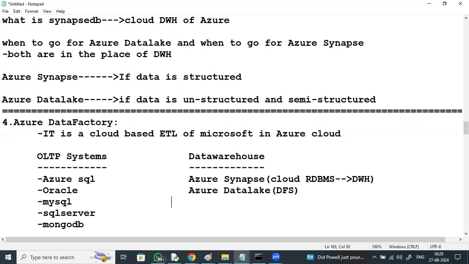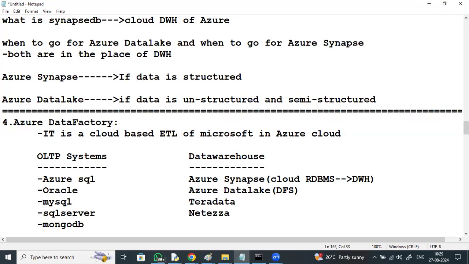Try to say the on-premises, specialized databases which are used for data warehouse purposes. SQL Server Analysis Services, SSAS. Teradata, Netezza, Vertica.